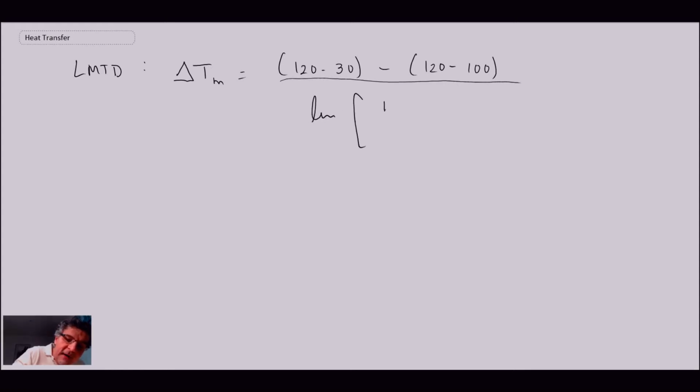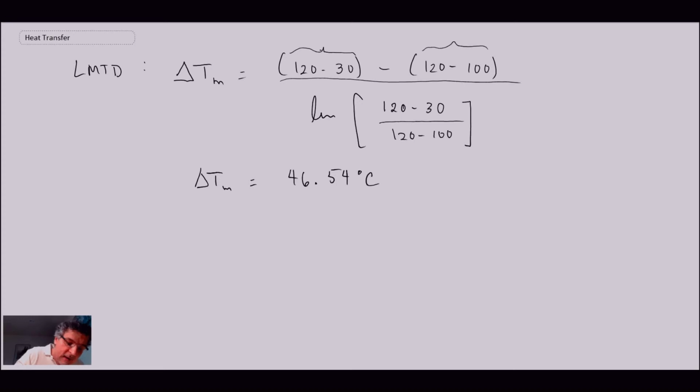And remember I said that the numerator was just going to be the first term that we have here. So it's this one, and then the denominator is this one. And with that we get delta Tm, or the log mean temperature difference, is 46.54 degrees C.